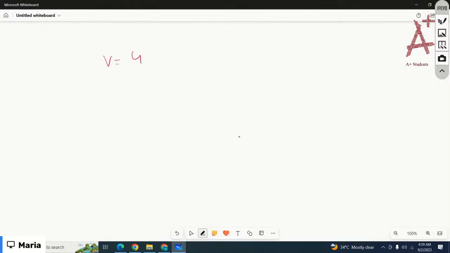V equals 4 by 3 pi r cube, sorry. And you are given the V 6.75. So just evaluate R, right? r cube equals 3 times 6.75 divided by 4 pi.